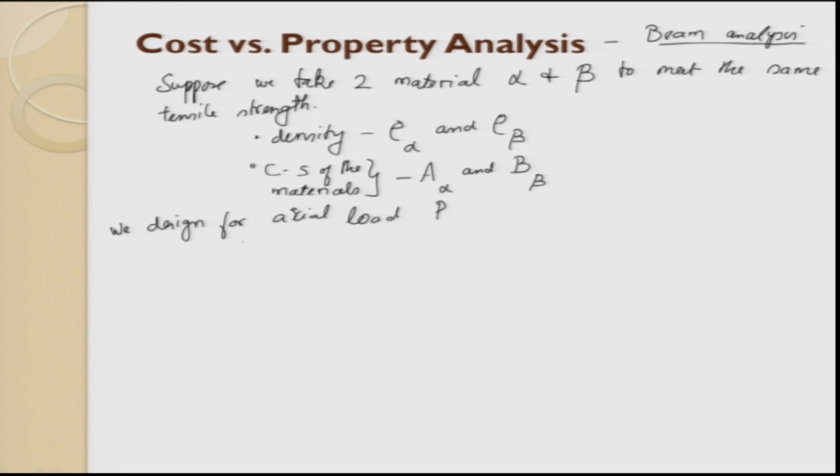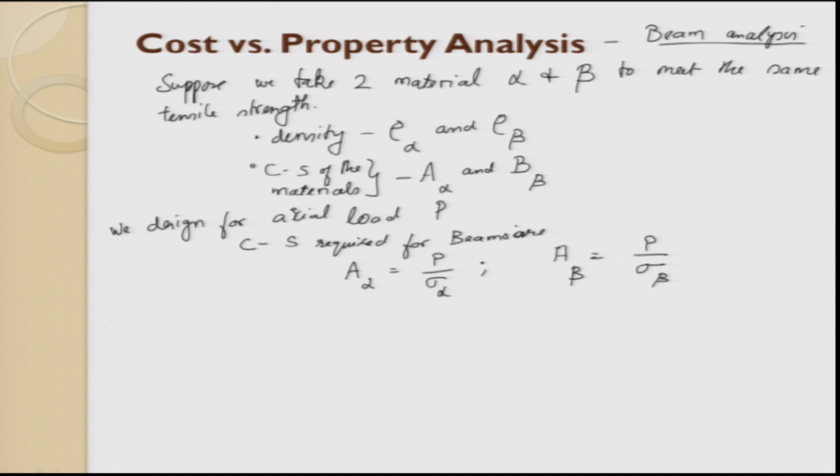So the cross section area required for the beam: for A alpha, it is load by sigma alpha, and for A beta, it is load by sigma beta.